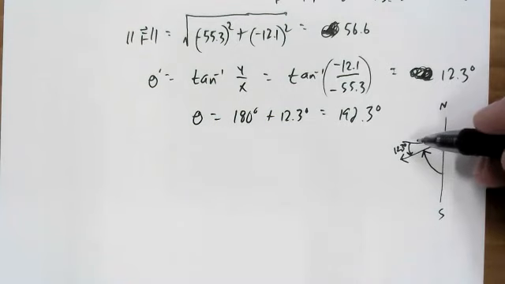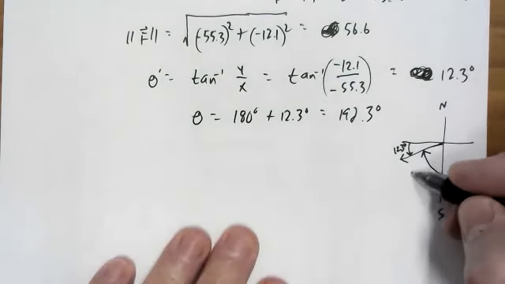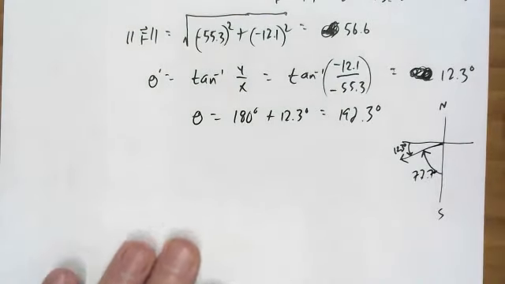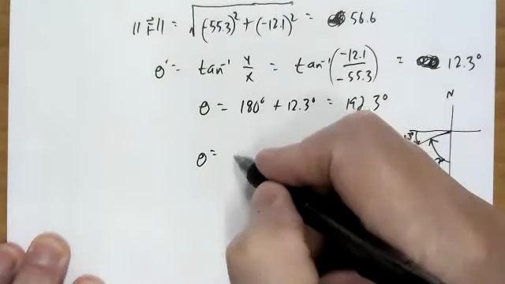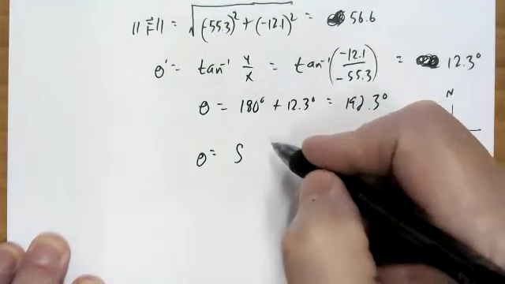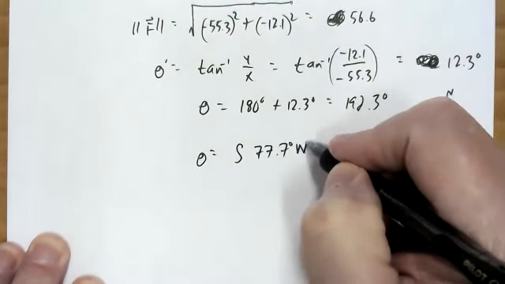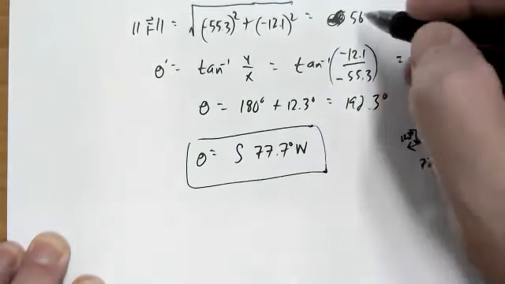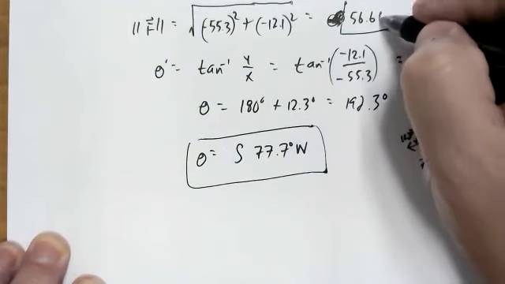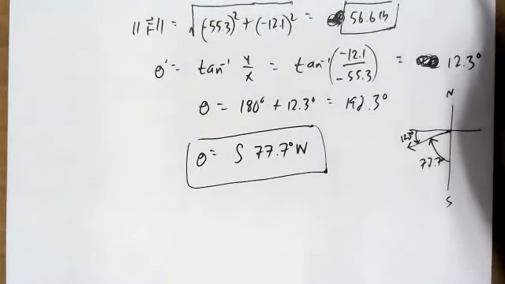So I've got to take 90 minus 12.3, and this angle is 77.7 degrees. So in terms of compass directions, it's going to be south 77.7 degrees west. So there's the direction, and there's the magnitude.